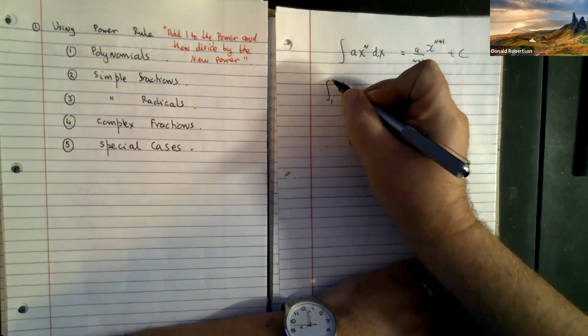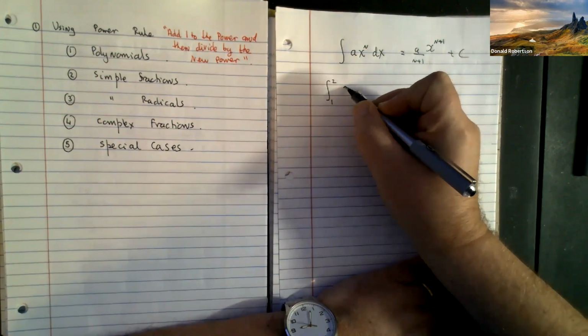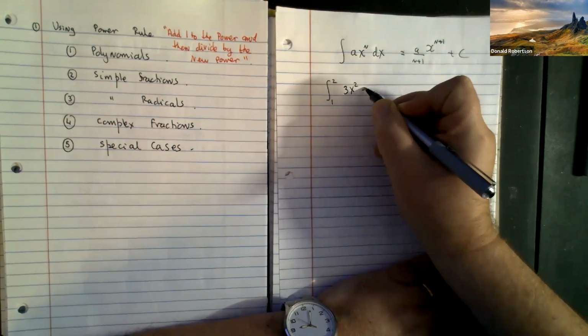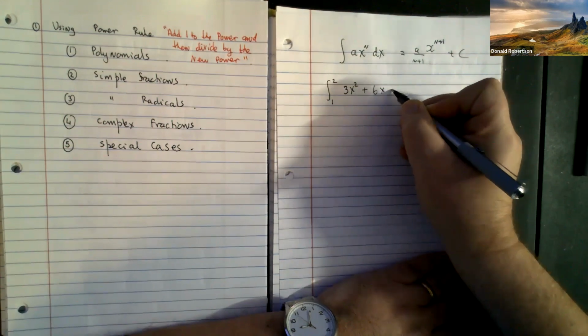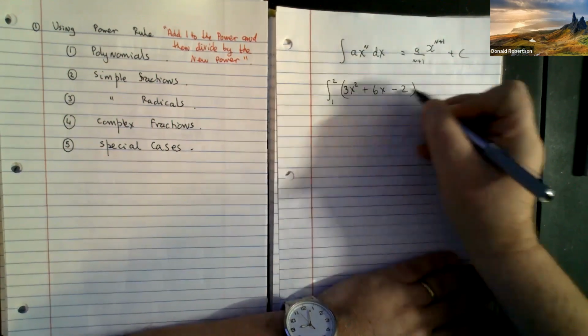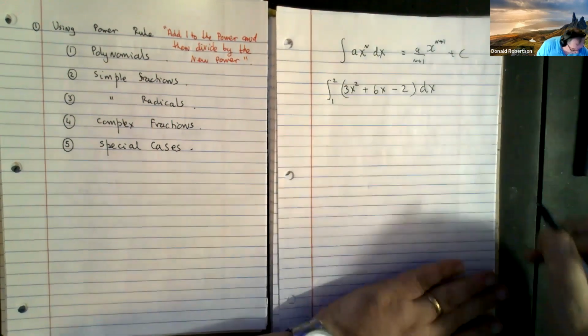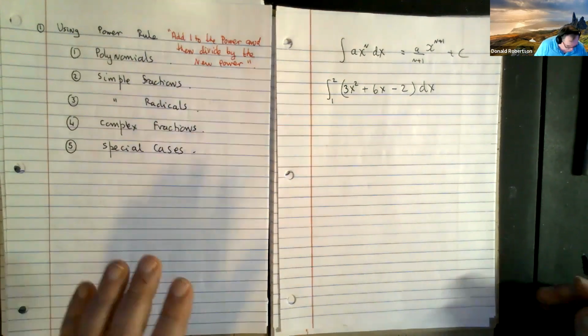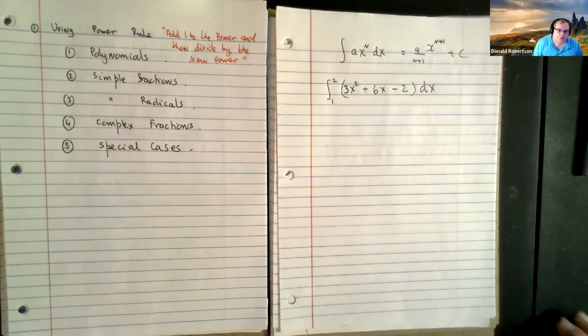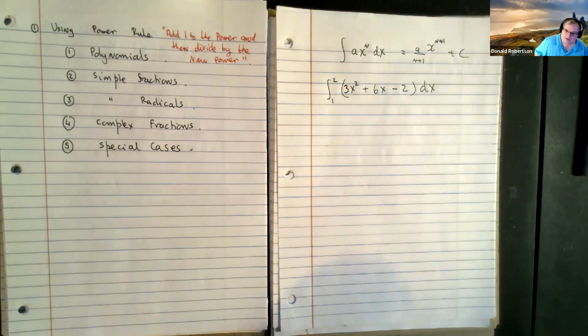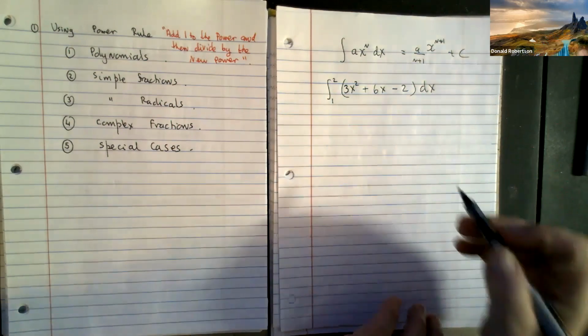The integral from 1 to 2 of 3x squared plus 6x minus 2. We're going to look at how you find integrals of polynomials, right? x cubes, x squareds, that kind of stuff. That's my first little subfamily of things to do.